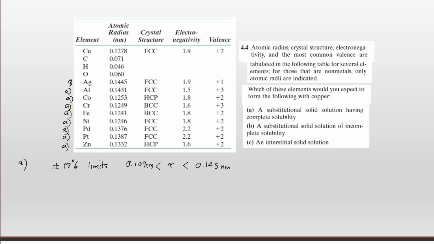Cobalt is HCP, so we're going to remove this one from my list. These are all BCC, so we'll remove these. Nickel is FCC, so I'll leave that one. And then the last one, zinc, is HCP. So what we're left with are all the FCC crystal structure metals. All of them meet the first criteria, and now we've limited it down with the second one.